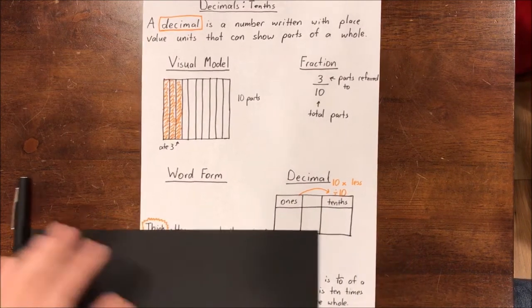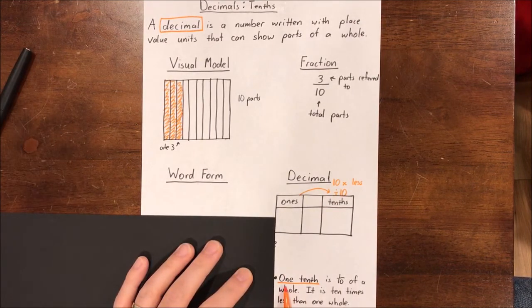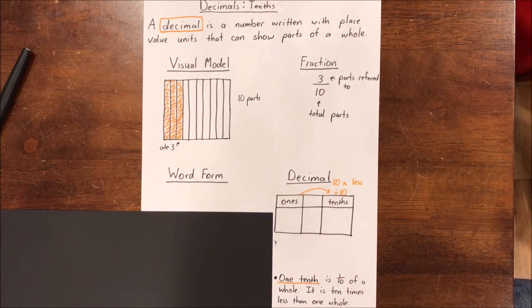You can also think about it like this. It helps you remember. Read it with me. 1/10 is 1/10 of a whole. It is 10 times less than 1 whole. Cool. So each digit in this place represents a tenth, just like digits represent values based on their place values in all the other greater place values.